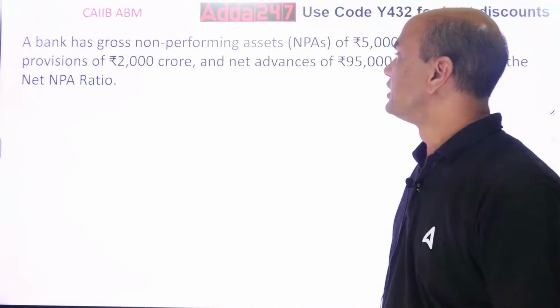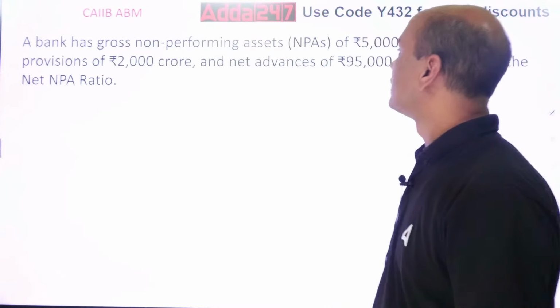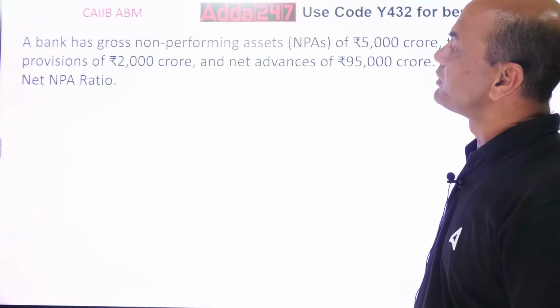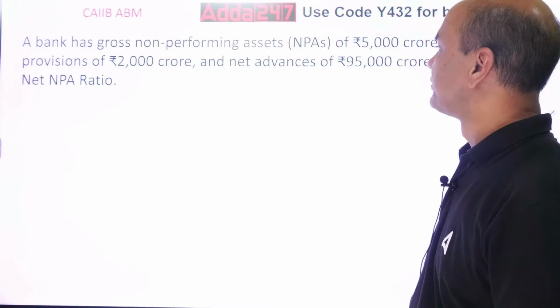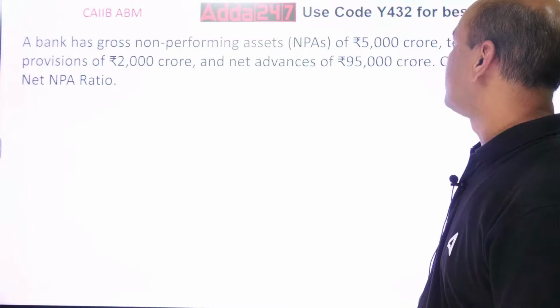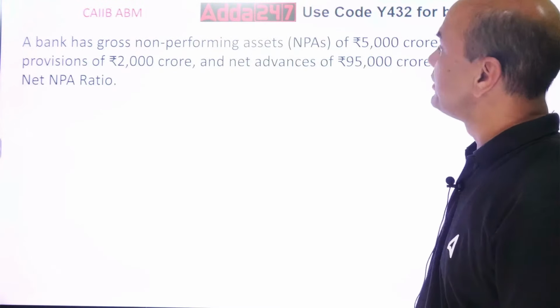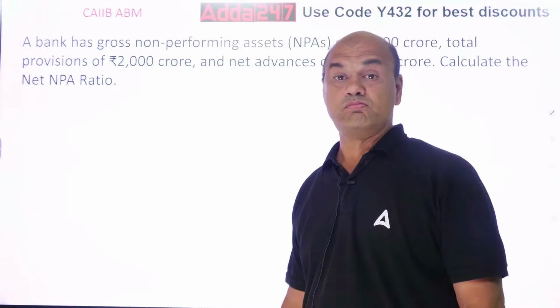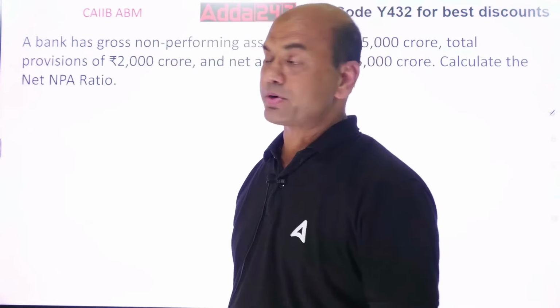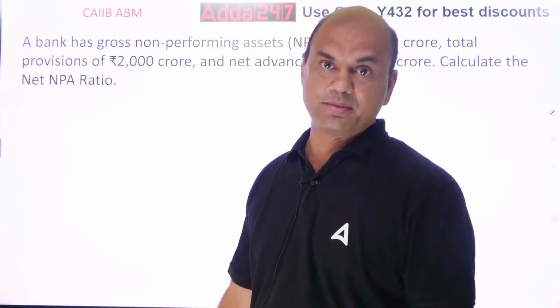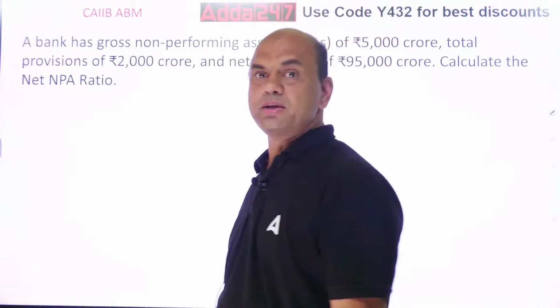What is this? A bank has a gross non-performing asset of 5,000 crores, total provision of 2,000 crores, and net advances of 95,000 crores. Calculate the net NPA ratio. This is also very important. Firstly, understand the meaning of net NPA. What is net NPA?